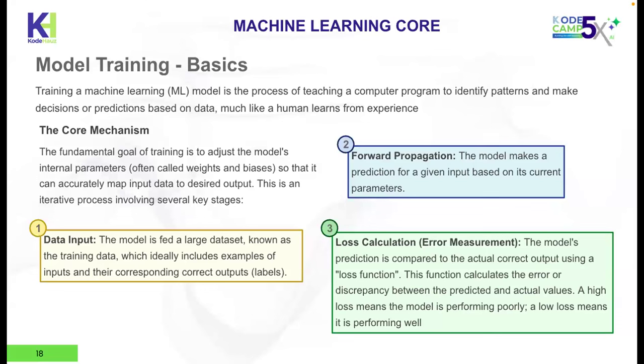Now, for training of models, there are 5 stages, which is very important for us to understand. And I'm going to do that when I do linear regression with a single variable.